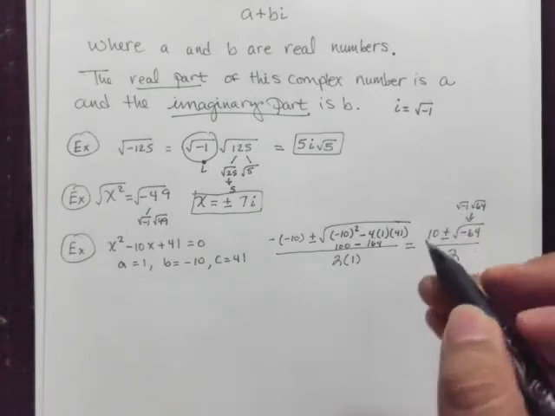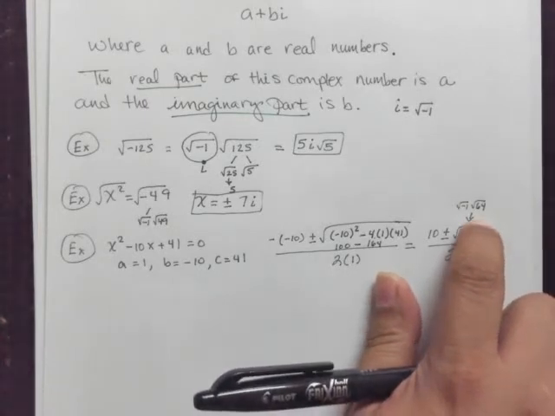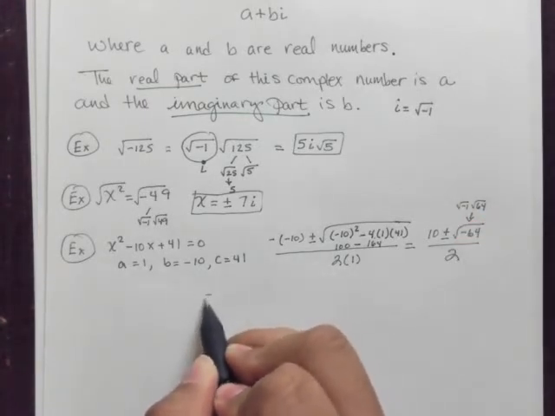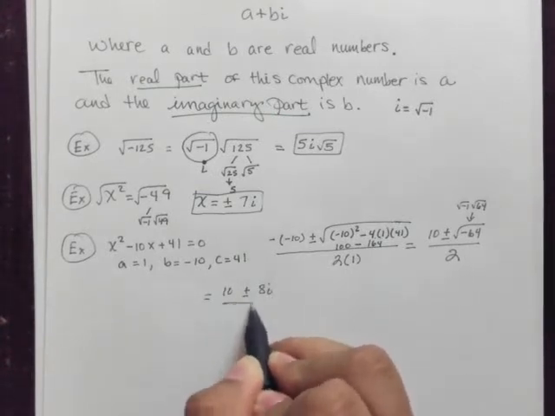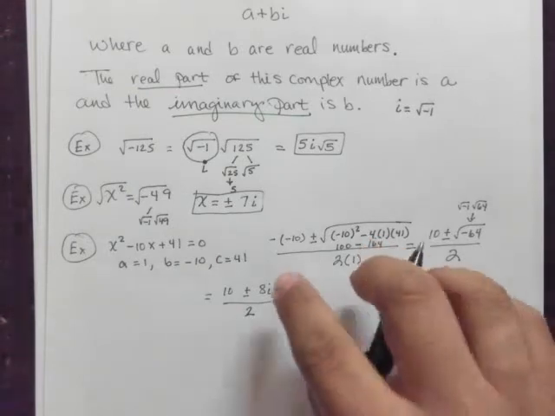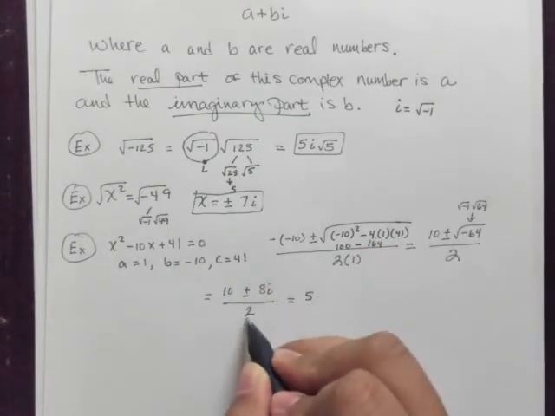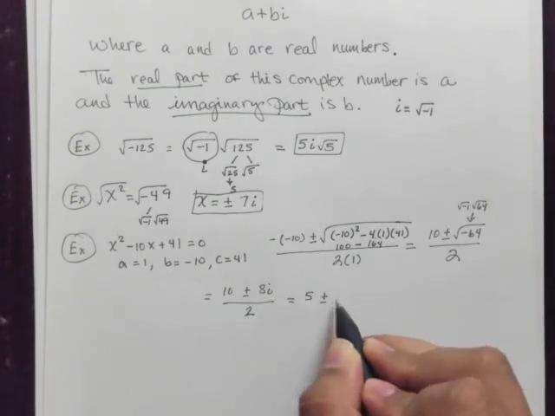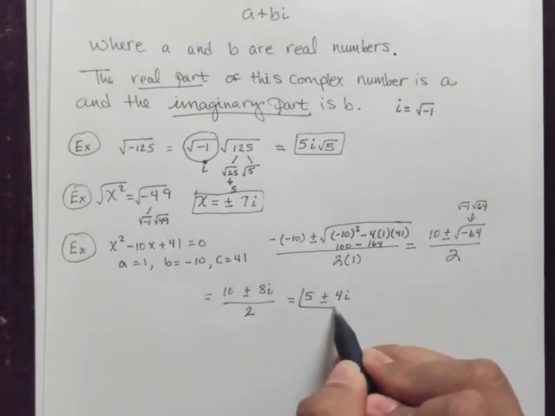We know the square root of -1 to be i, and the square root of 64 to be 8. So our answer here is 10 plus and minus 8i, all divided by 2. And we can simplify that just a little more. 10 divided by 2 happens to be 5, and 8 divided by 2 happens to be 4. So 5 plus and minus 4i is the solution to this quadratic.